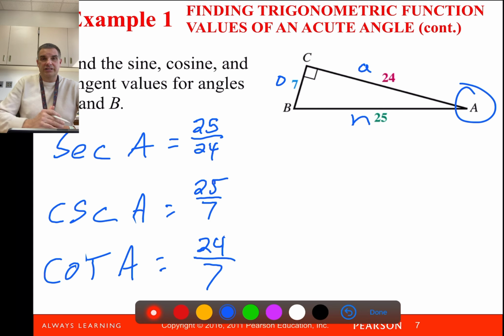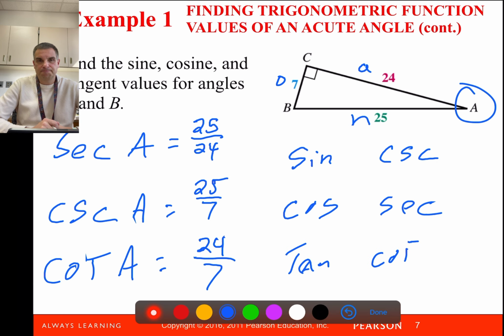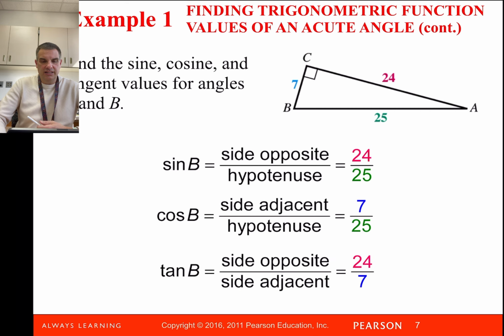So there are your secant, cosecant, and cotangent ratios. Just remember that sine goes with cosecant, cosine goes with secant, and tangent, the one that makes sense, tangent goes with cotangent. And they're just the reciprocals of those. Right? So there's sine, cosine, and tangent.